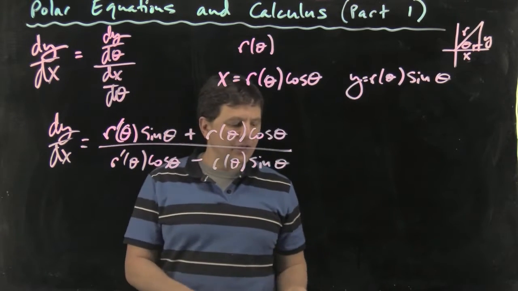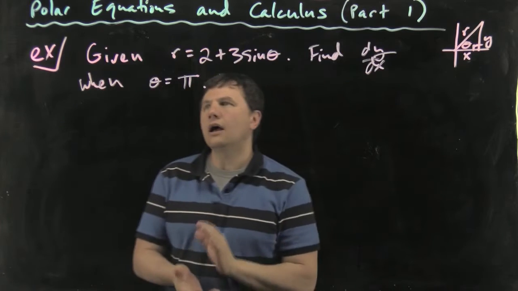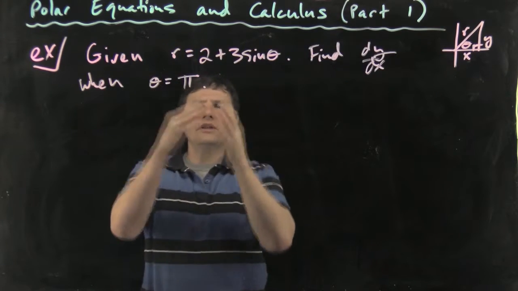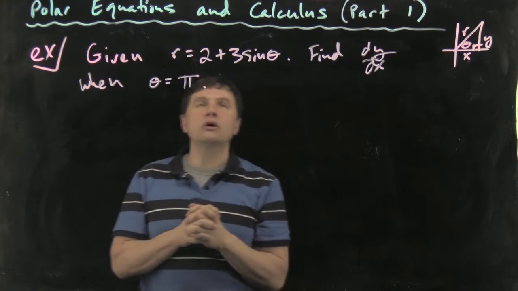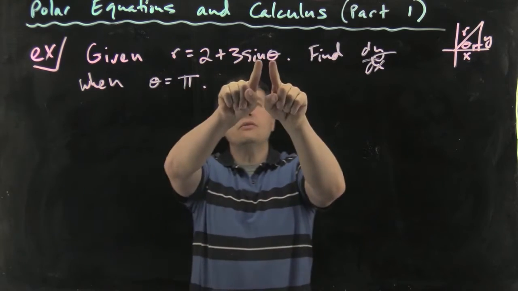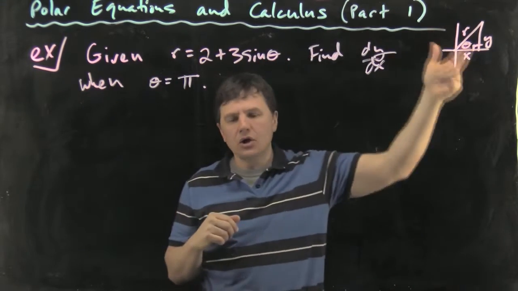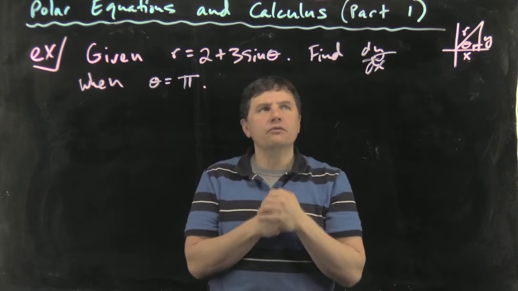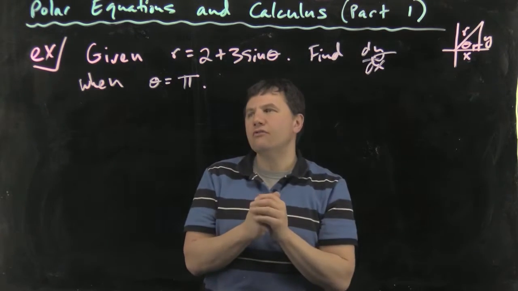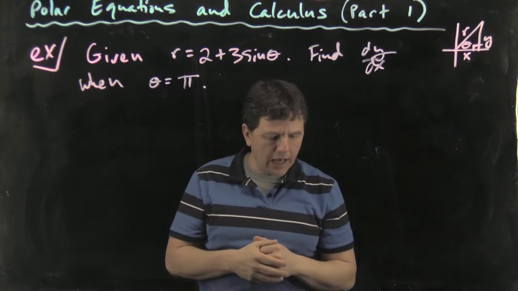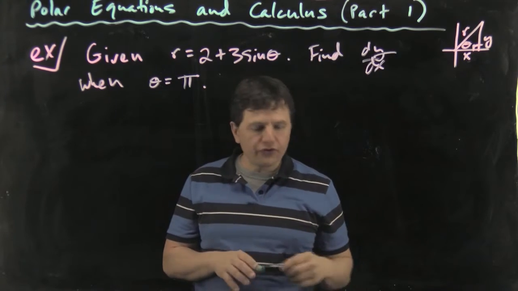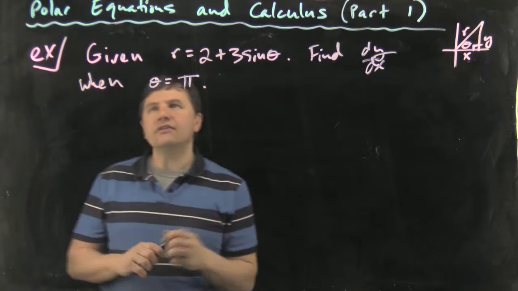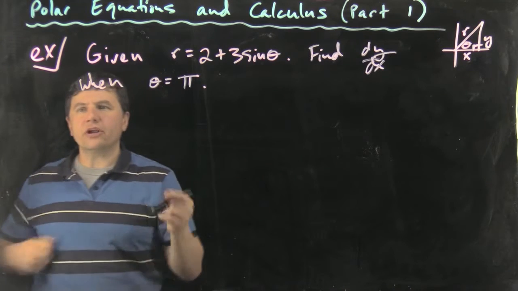Okay, so let's take a look at an example. Here's our problem. We're given that polar function, right? Theta is the input, the output would be our r, how far we are from the pole. We want to find dy over dx when theta equals pi. So the first thing I'm going to do here is turn this into a parametric equation.